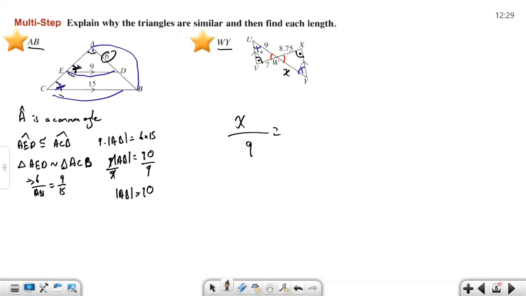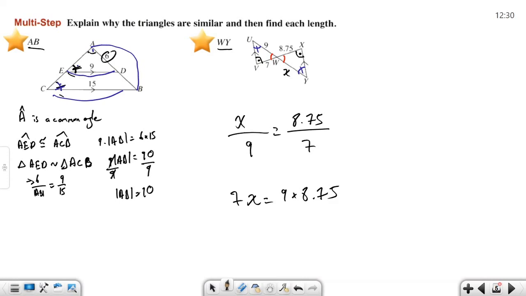Now, opposite of that angle, the blue one that I marked, 7. Sorry, first I have to write that one because I chose X first. So this triangle I'm writing first. Opposite of this angle, 8.75 over opposite of this angle is 7. So 7 times X is equal to 9 times 8.75.